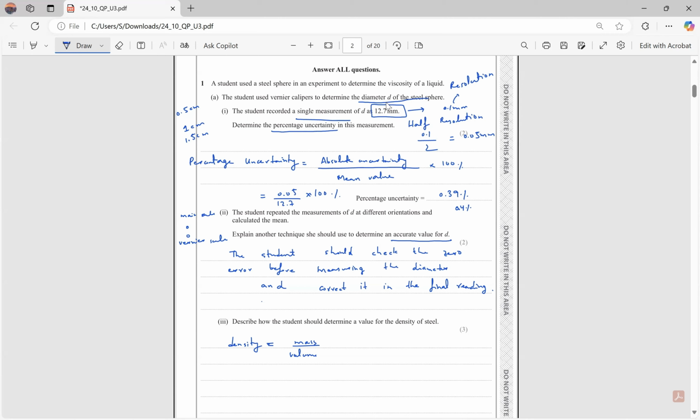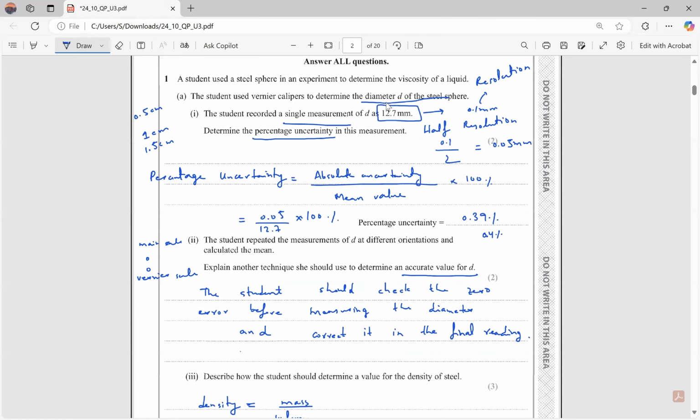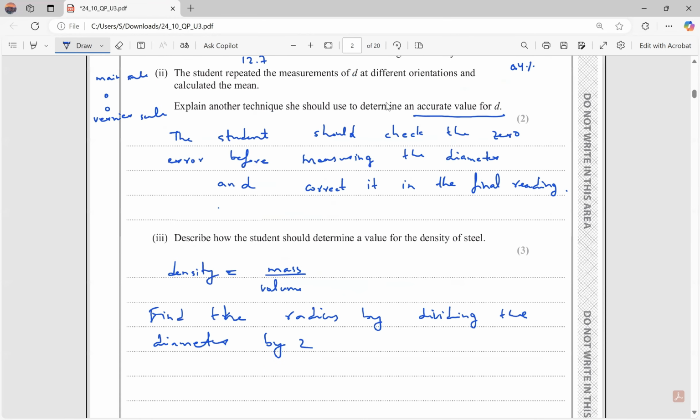We don't have them. We need to find them to find out the density. So from the diameter, we can find the radius, by dividing the diameter by 2. Now, why do we need to find the radius? Because we need the volume of the sphere.